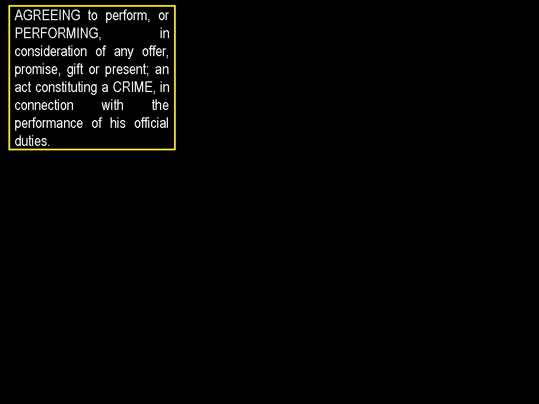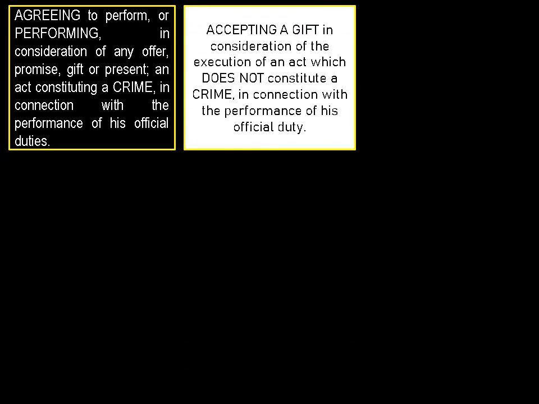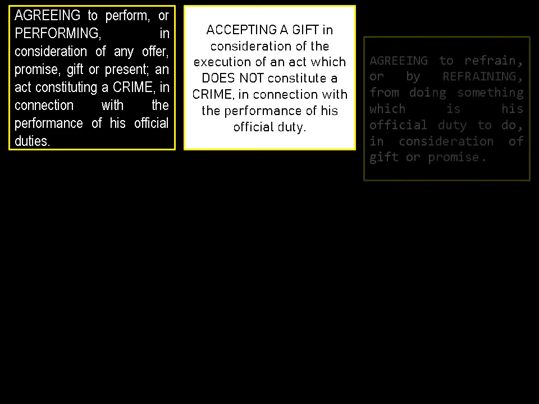Those are the 2 words that I want you to remember. Second, when the public officer accepts a gift in consideration of the execution of an act which does not constitute a crime in connection with the performance of his official duty. So the 2 terms that I want you to remember are he accepts a gift, although by accepting the gift, it does not constitute a crime.